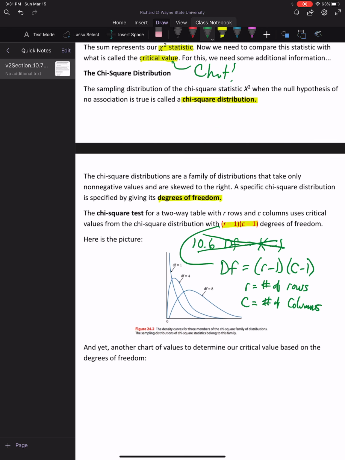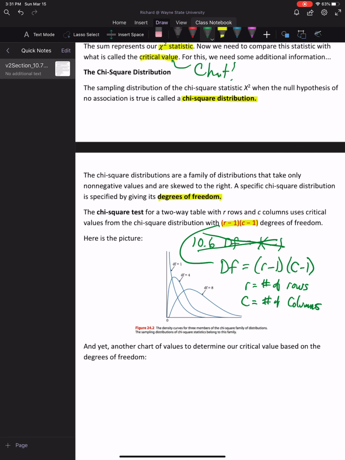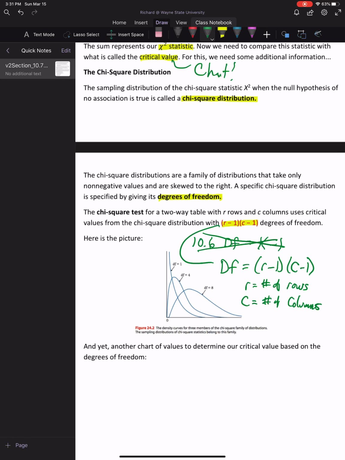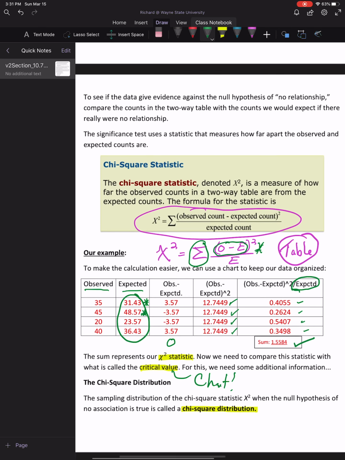So in our case, we have to determine how many rows and how many columns we have. This isn't so bad, but we have to be careful, because I warned you that we cannot count the total row and total column when determining how many rows and columns we have. Let me go back up here.